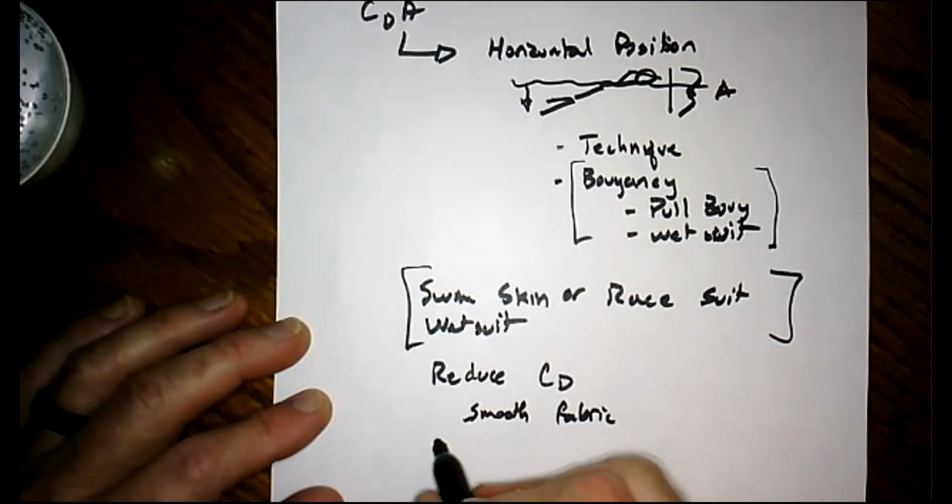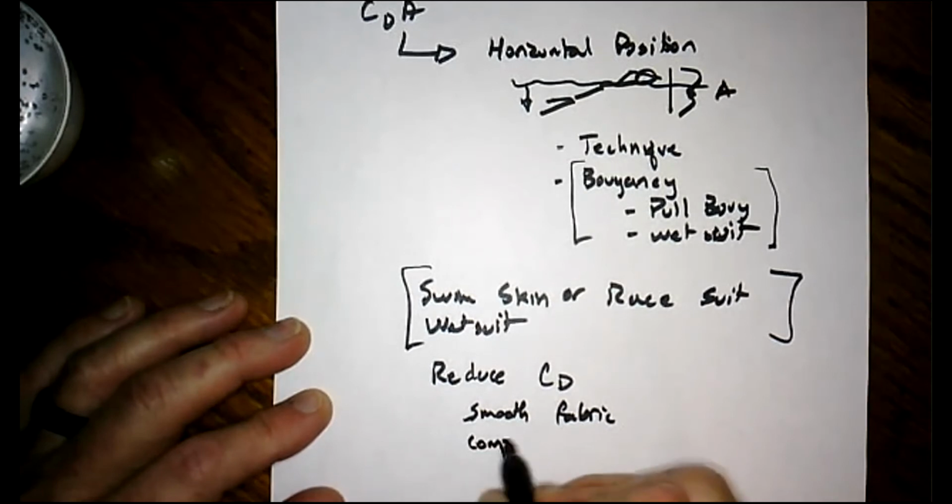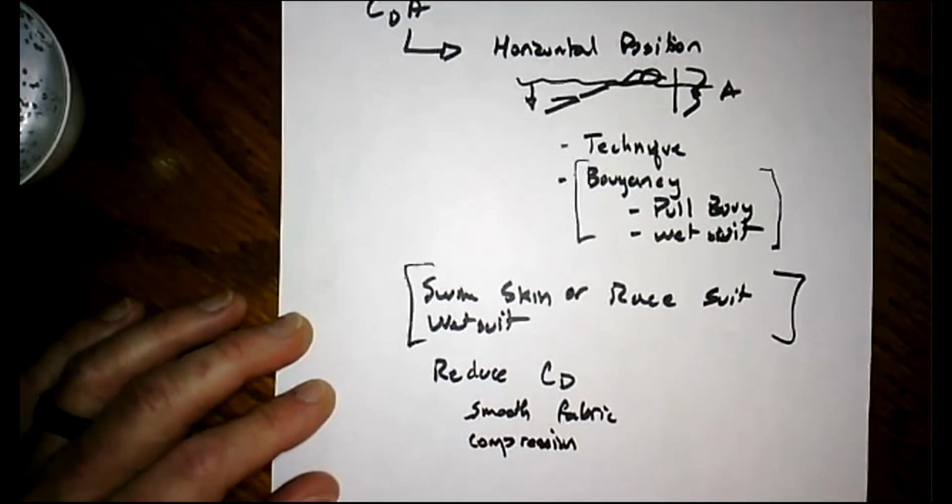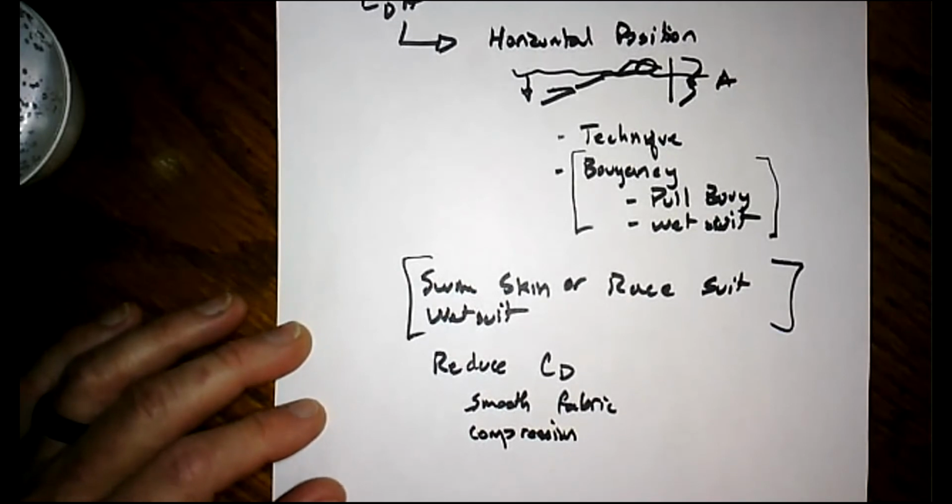There's also a bit of compression that happens. And this is actually something I've been fortunate enough to work with a wetsuit company a bit on. And this is something that seems to be really important from a wetsuit, is the amount of compression that's going on.